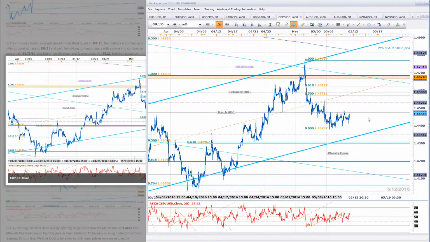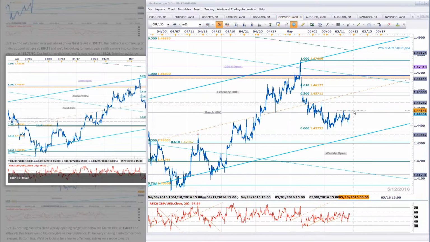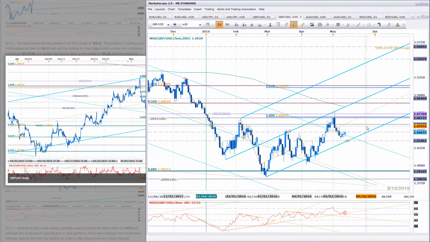I appreciate it. So I don't want to beat this trade up to death because there's really nothing going on here until we get this break. Do keep in mind that the line you're seeing right here is a little bit ahead of the weekly opening range. It's the March high day close, and that's why we've been watching that level for quite some time. I'm still going to work with that as where I need to see a close above to really get this thing going.